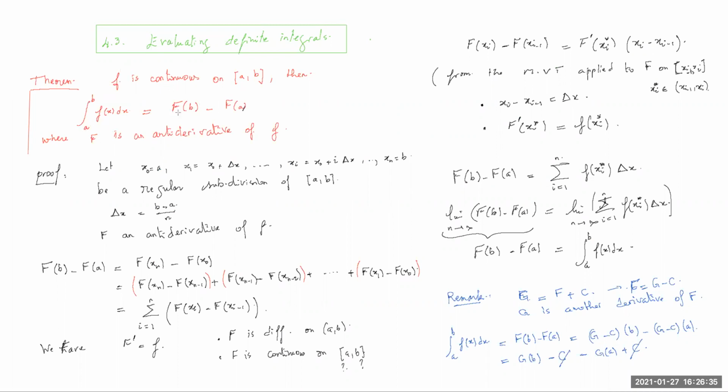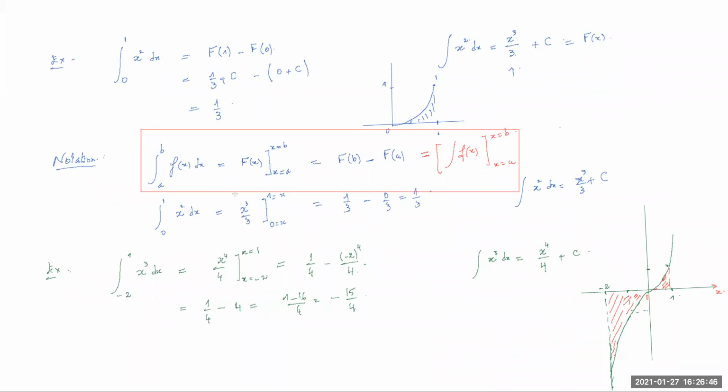It's the difference of the values of the antiderivative at the endpoints of the interval. Then the notation, there are different notations. You should be able to use and understand any one of them anywhere you see them.